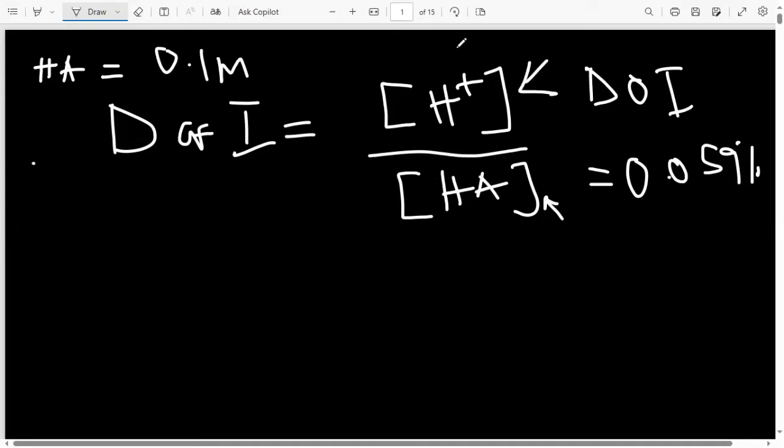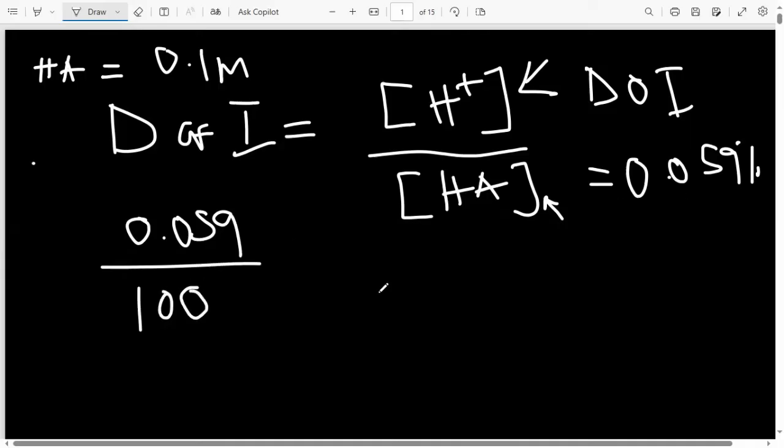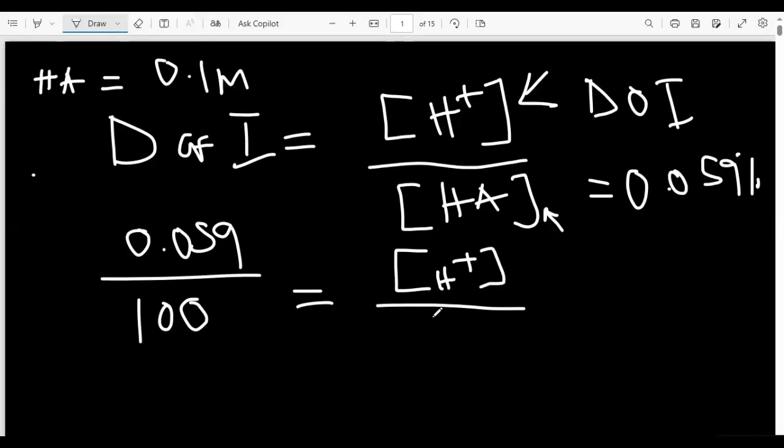So we want to find the concentration of these ions. So we are going to write this 0.059 divided by 1,000 and divided by 100 because it's a percent. Then it's equal to the concentration of the H plus divided by the concentration of the acid, okay, so this is what we have, and then the concentration of this guy is 0.1.